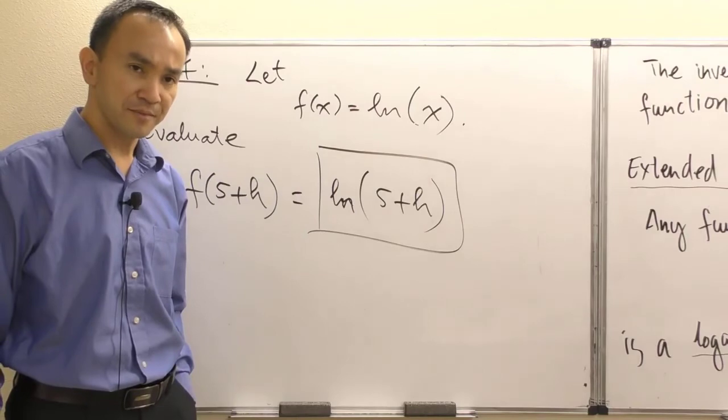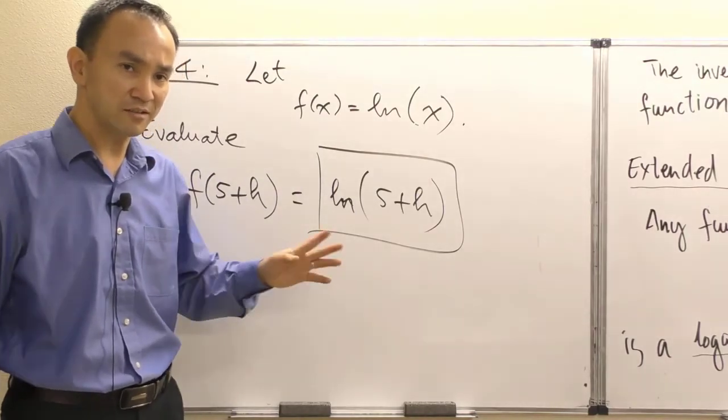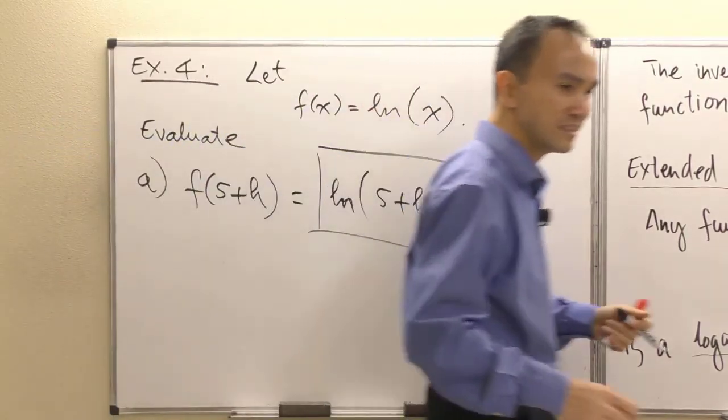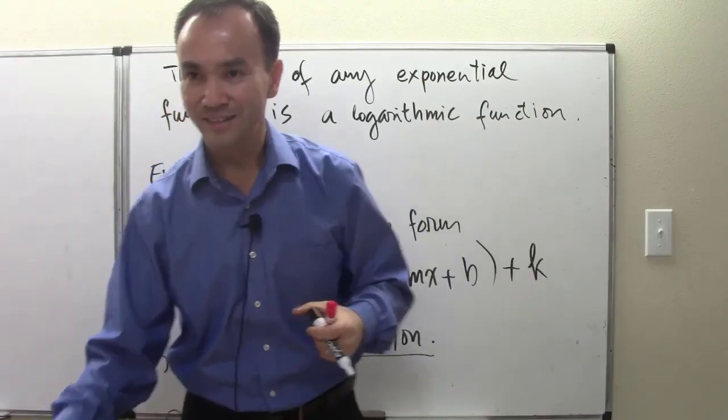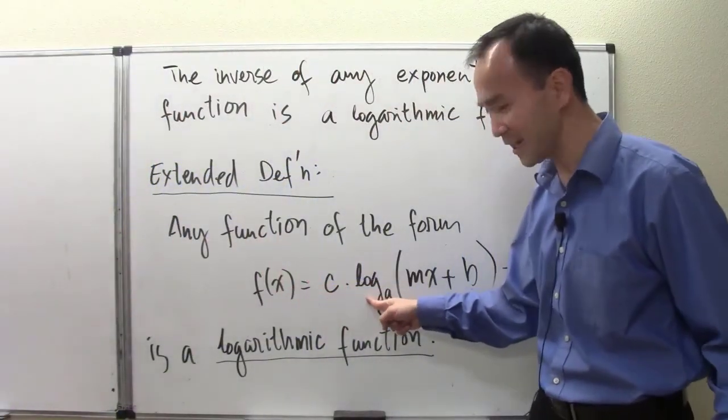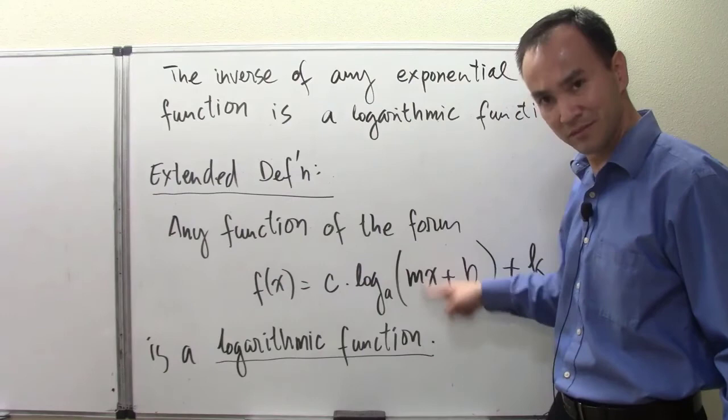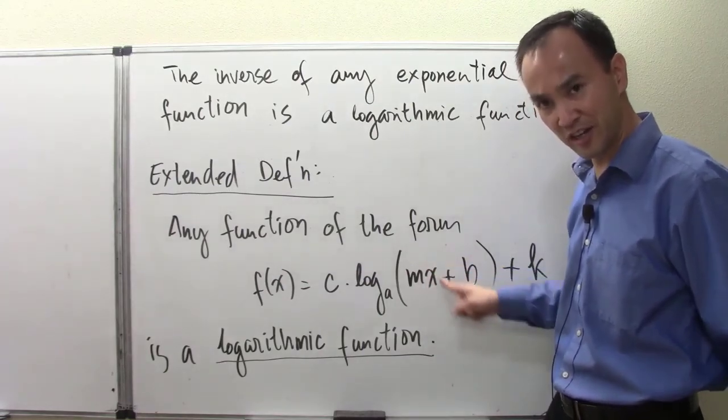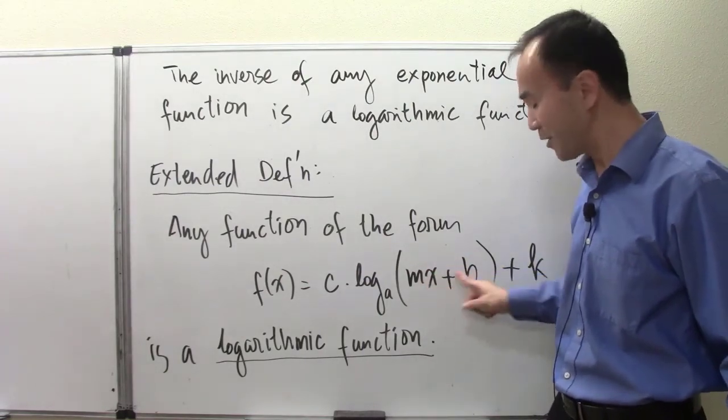That's all. Because in our earlier definition of a logarithm, we can apply a logarithm to an expression, a lot more than just a simple x, a lot more than just a number.